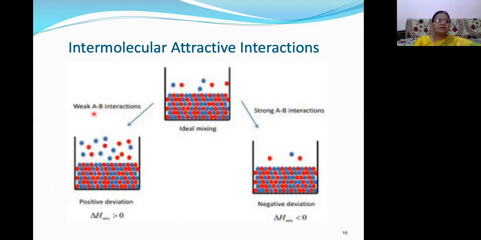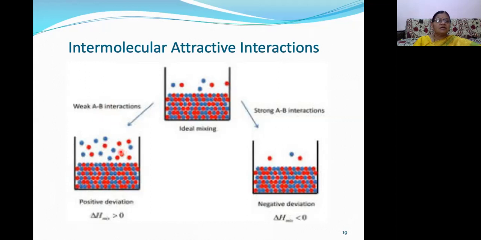And therefore, whenever the solute-solvent interactions are weak as compared to solute-solute and solvent-solvent interactions, there is an increase in vapor pressure of the resulting solution.